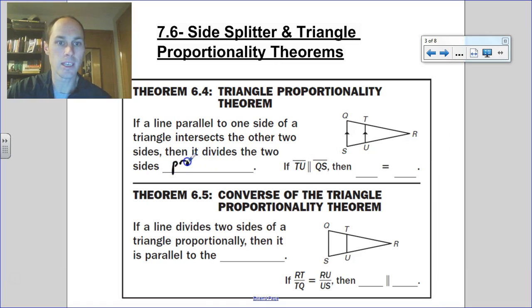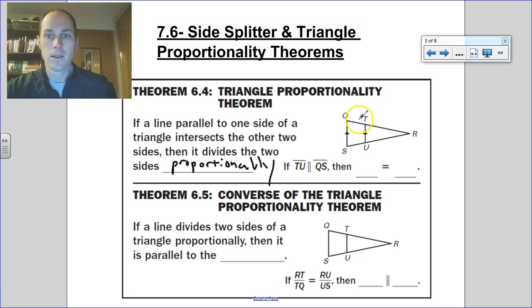So if TU is parallel to QS, then what do we know? We know the two sides are proportional. If these two lines are parallel, then we know RT to TQ, so that side gets split proportionally the same way that RU to US.